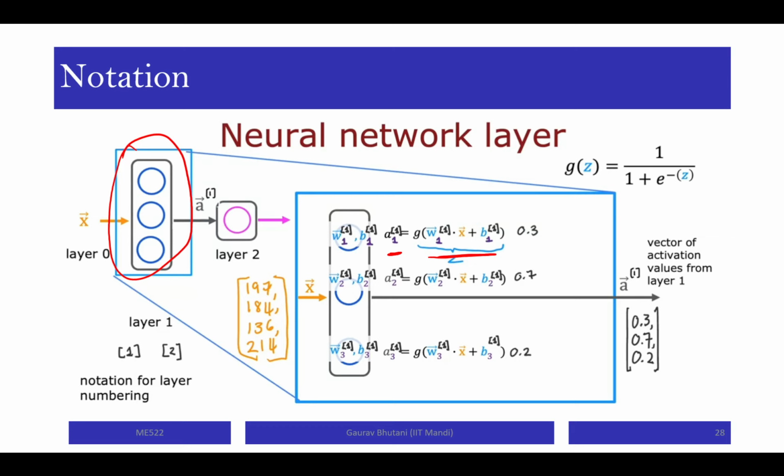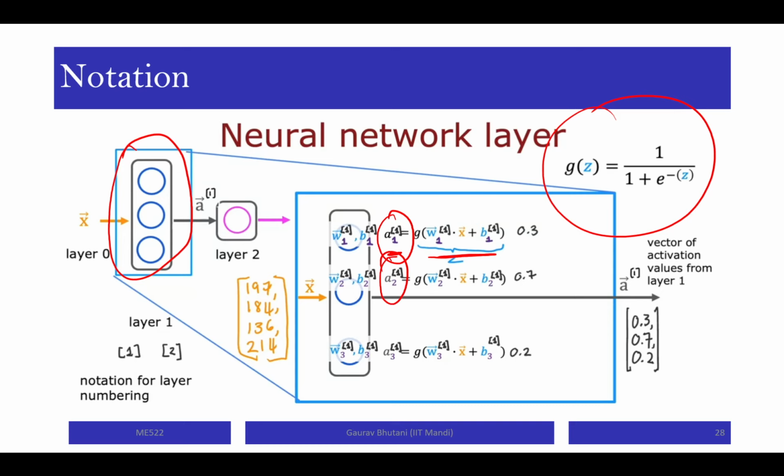If it was linear regression, that's all we would do, but here we are also applying g of that, and g is the sigmoid function. So we calculate this a as 1 upon 1 plus e to the power of minus (w dot x plus b). That gives the output of the first neuron.